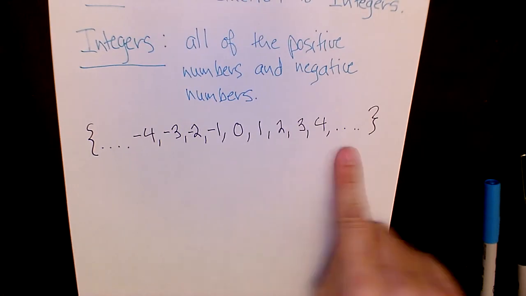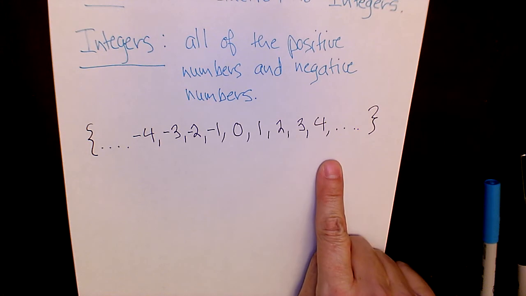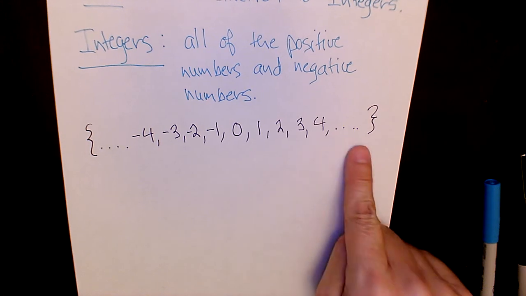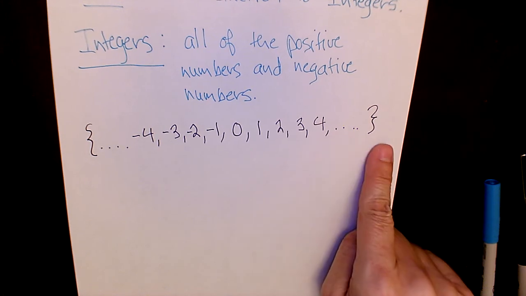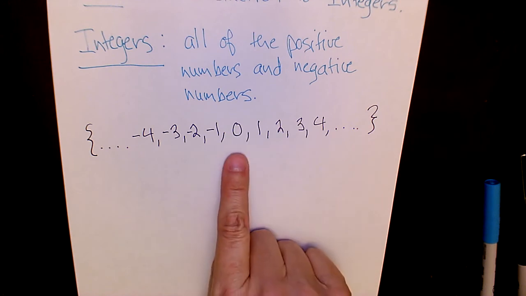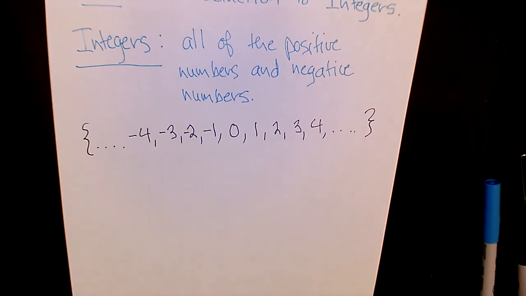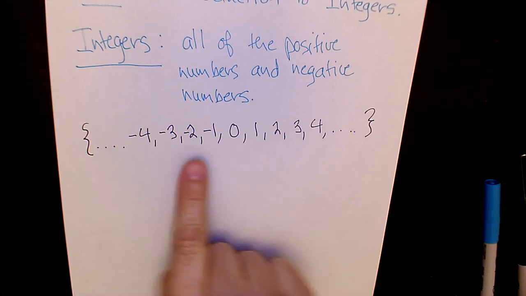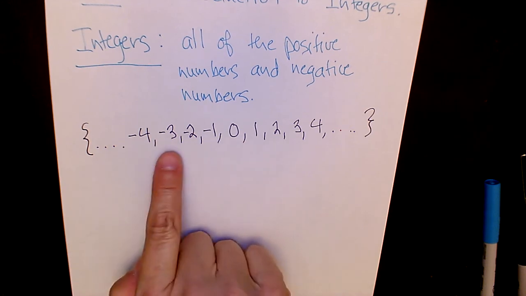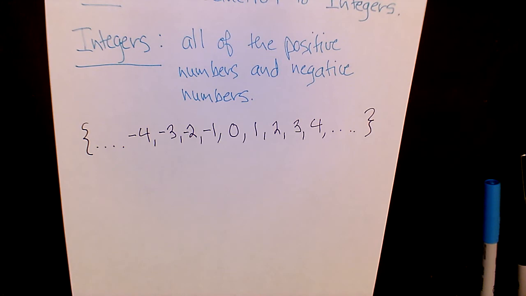And to the right, I've got my positives, and they go on forever and ever and ever. To the left of 0, anything less than 0 is negative. So it's going to be smaller than 0, and they keep going on and on and on to the left.